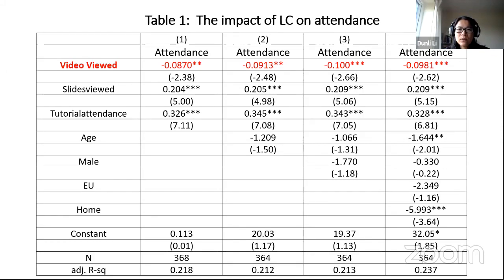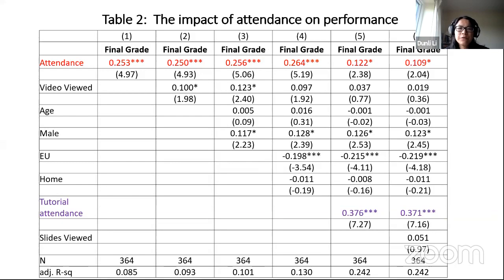The next table summarizes the effect of attendance on performance. As you can see from this table, lecture attendance has a statistically significant positive effect on final grade. Again, it is robust to different sets of controls.